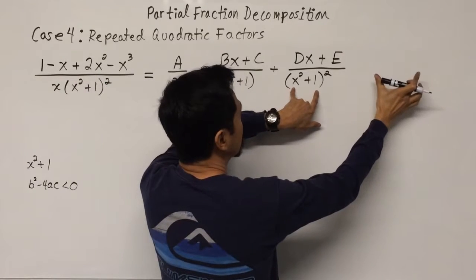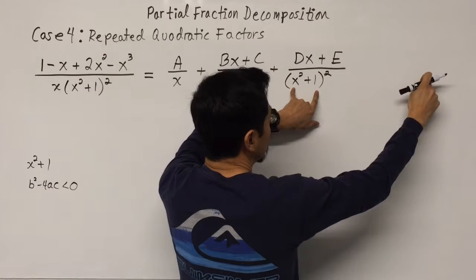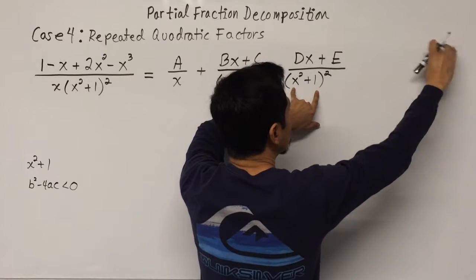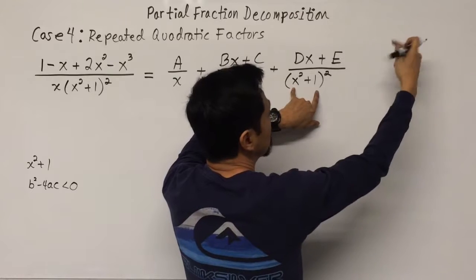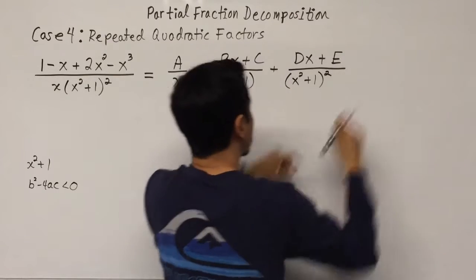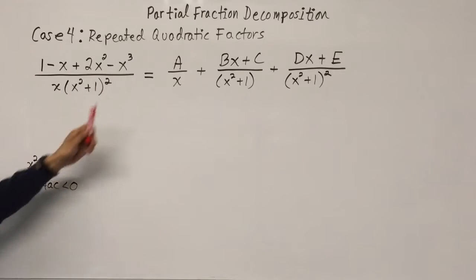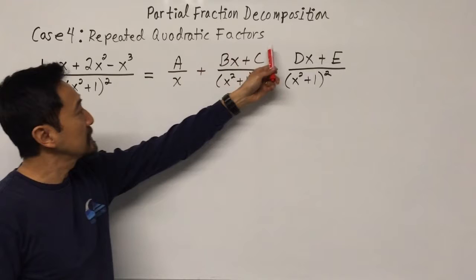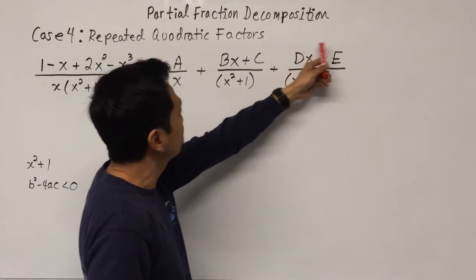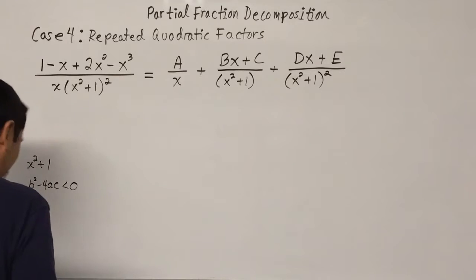Another fraction, and it would be x squared plus 1 to the third power. And then again, the numerator would be linear. It might be a what? Fx plus G. Okay? All right, so now we need to find our A, B, C, D, and E. That's a good refresher of the alphabet.